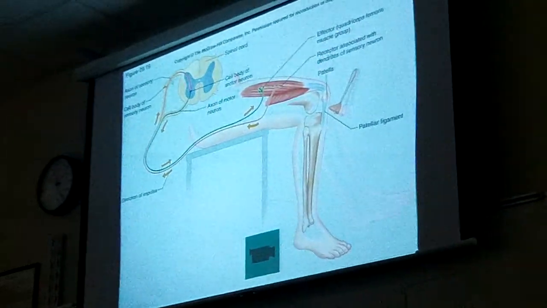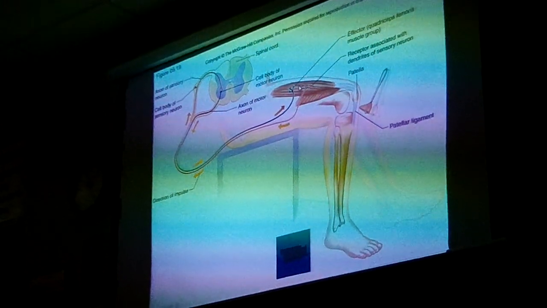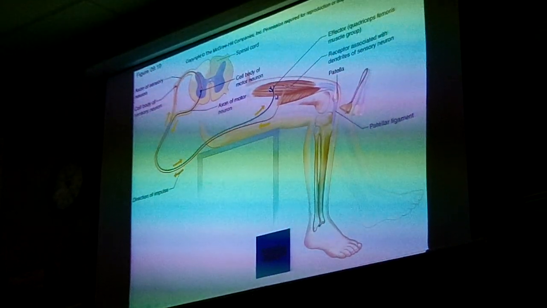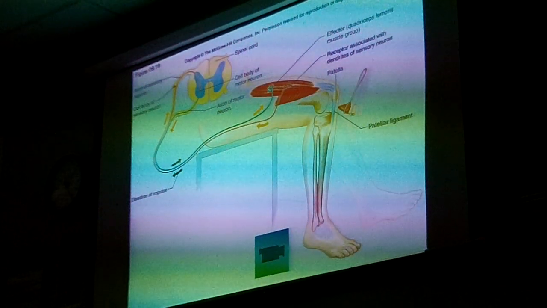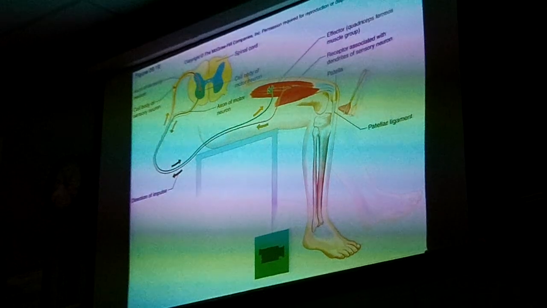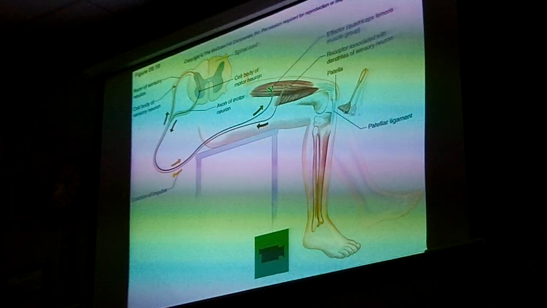There were more interneurons, where the signal goes to another few neurons before it comes out to the muscle. And if you have enough neurons in between, the signal can be processed and you can make decisions on whether this is the right thing to do. That's thinking.